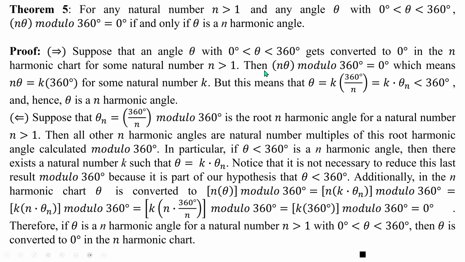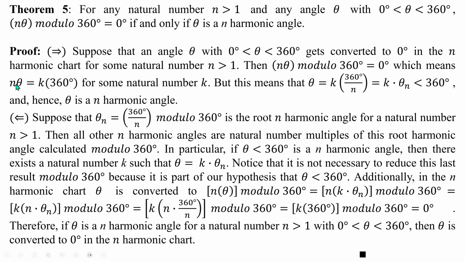Okay, then n times theta modulo 360 degrees equals 0 degrees, which means that n times theta is equal to k times 360 degrees. This here is our hypothesis, our assumption that we're beginning with, so we can prove this. And if this is true, then that means that n times theta has to be a natural number multiple of 360 degrees.